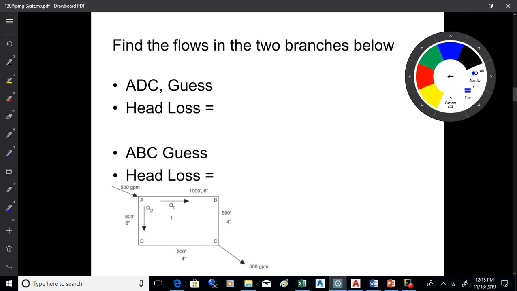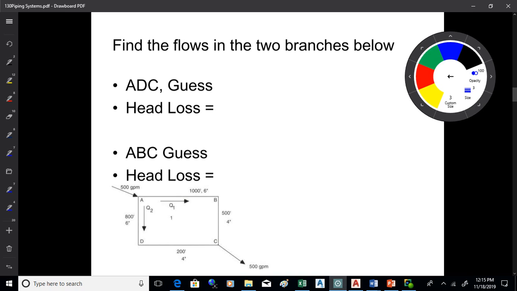I don't know, let's guess at what we think these might be. Okay, what do we got? From A to B to C, we've got 1,000 feet of 6-inch, then 500 feet of 4-inch. From A to D to C, we've got 800 feet of 6-inch and 200 feet of 4-inch.